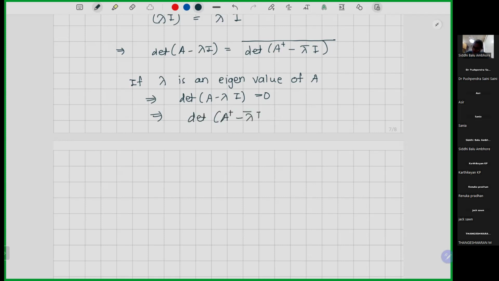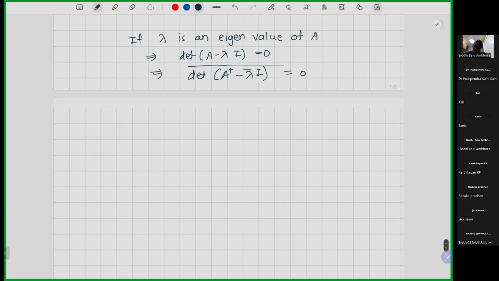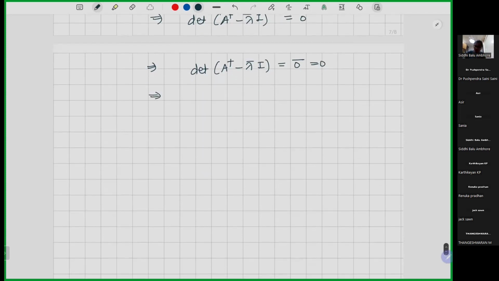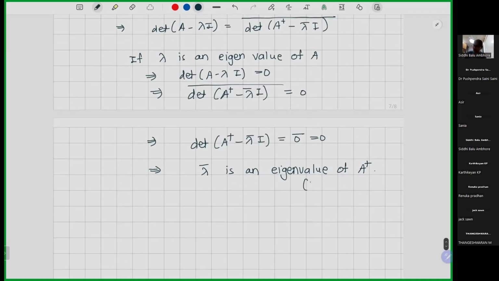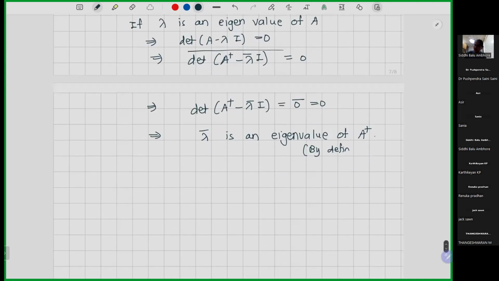If I again take the conjugate of this, it becomes 0 bar, which is again 0. So the determinant of A dagger minus lambda bar I is 0. This implies that lambda bar is an eigenvalue of this matrix, by the property of eigenvalues.